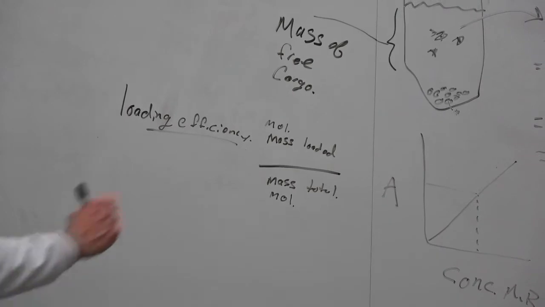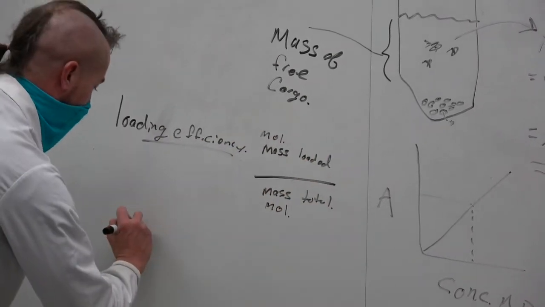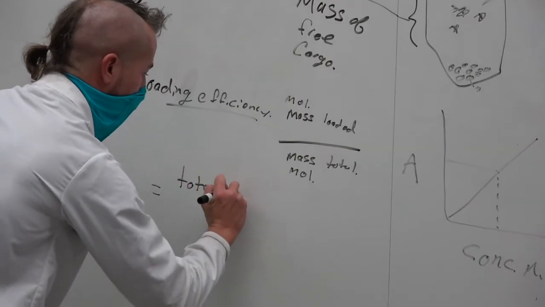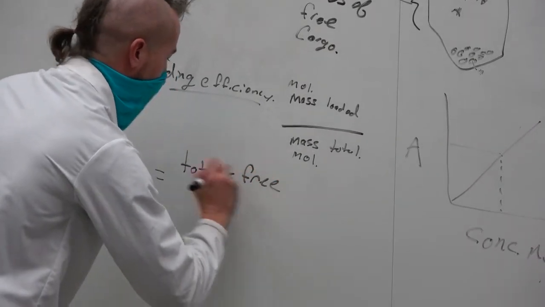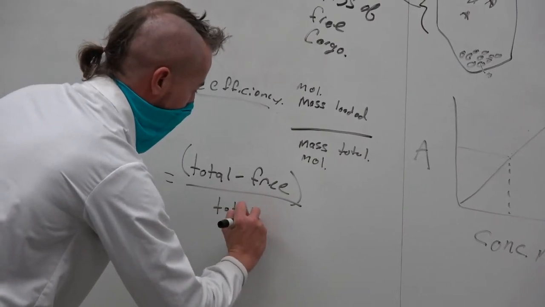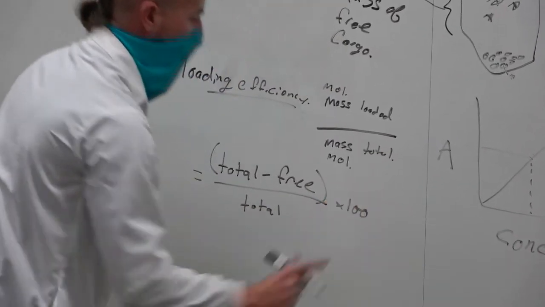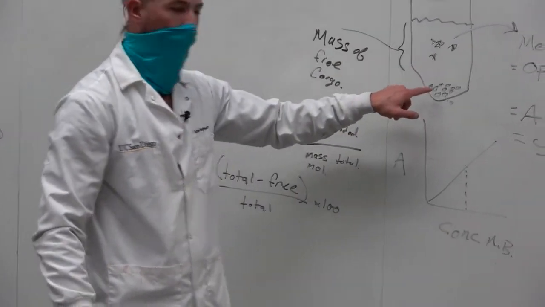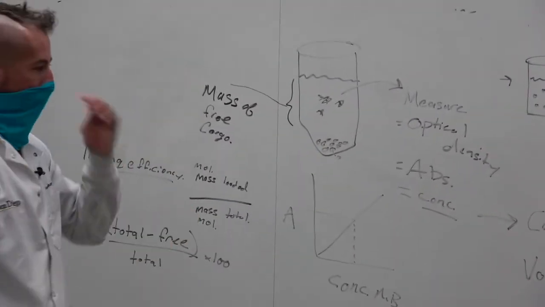So how would you get this from that data? Well, it's going to be total minus free over total times 100, right? Because it's kind of hard to measure. I mean, we're going to do it.